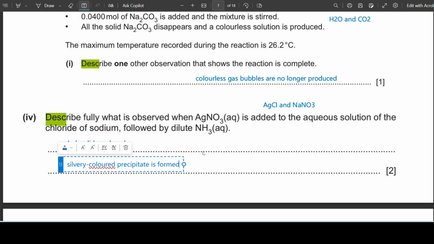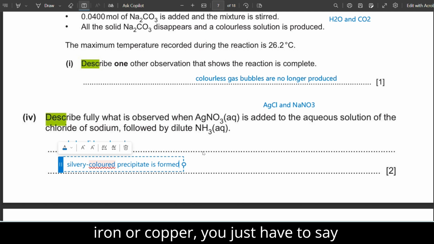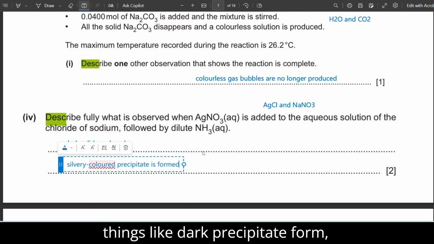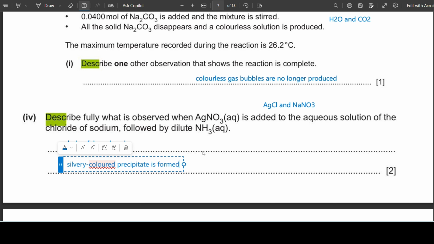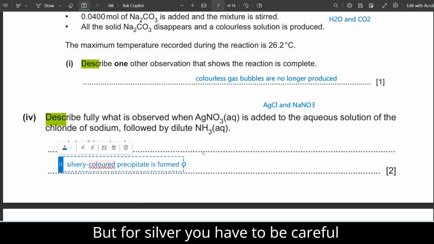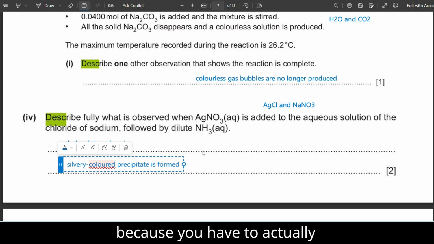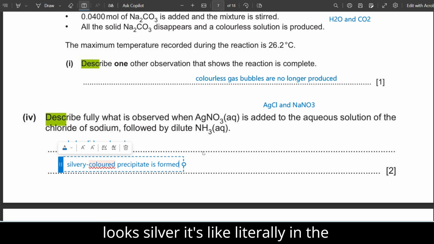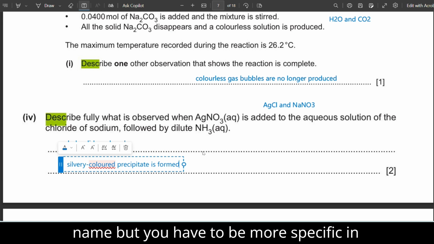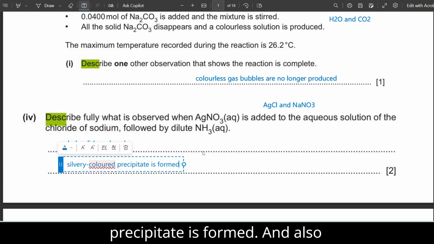For things like iron or copper, you just have to say things like dark precipitate formed, brown precipitate formed, etc. But for silver, you have to be careful, because of course it looks silver, it's literally in the name, but you have to be more specific. In this particular case, silvery colored precipitate is formed.